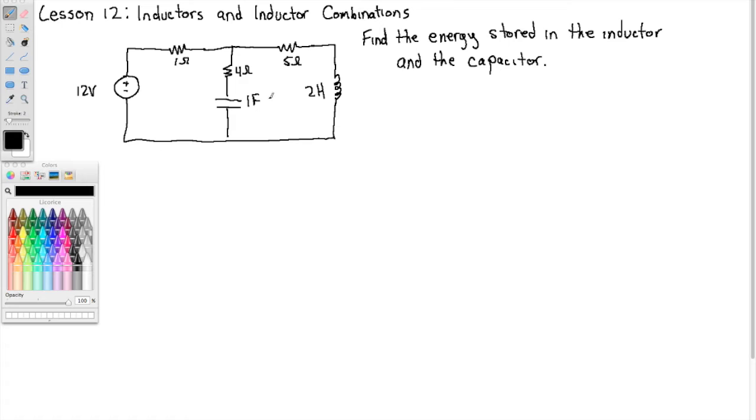Alright, well, the first thing you should notice is that this is a DC circuit. And I can tell it's a DC circuit because I have only one source and it's constant. It's a 12-volt source. And there's nothing changing in this circuit. Alright, so that means I can replace the capacitor and the inductor with their DC equivalent models.